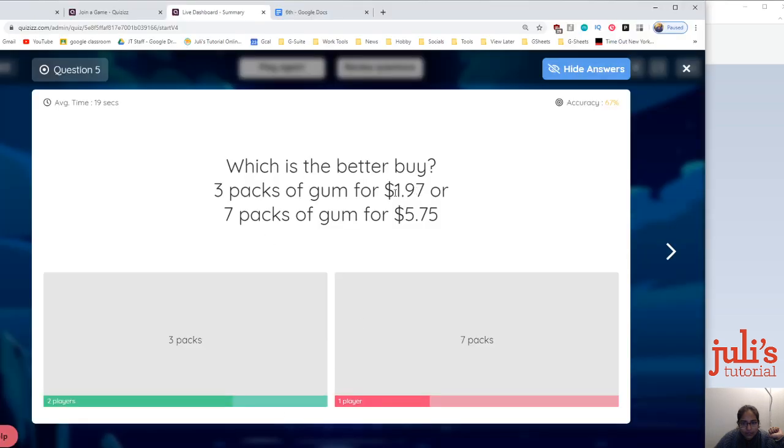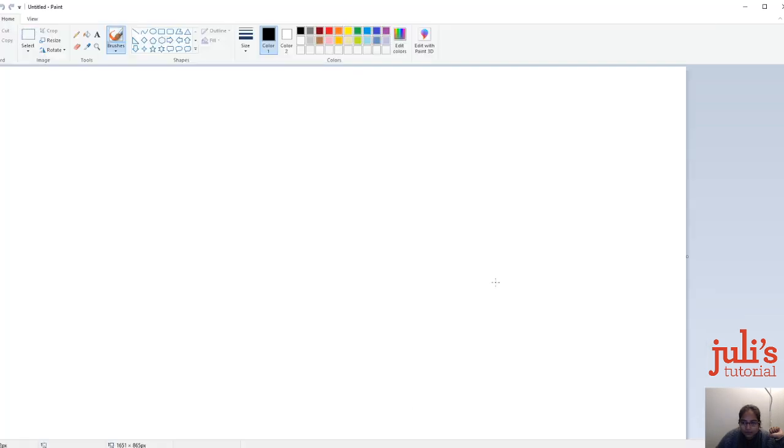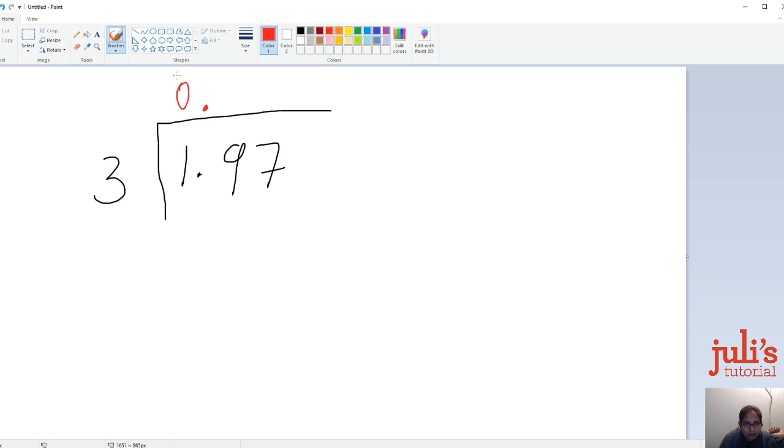So $1.97 divided by 3. Put up the decimal up here. 3 doesn't go into 1, so we get a 0. Did you guys learn how to divide decimals?